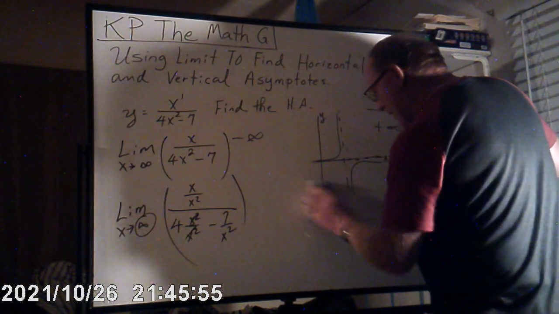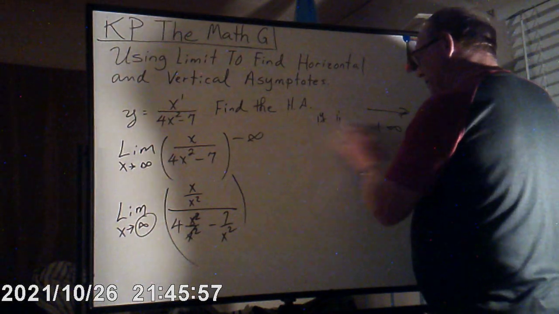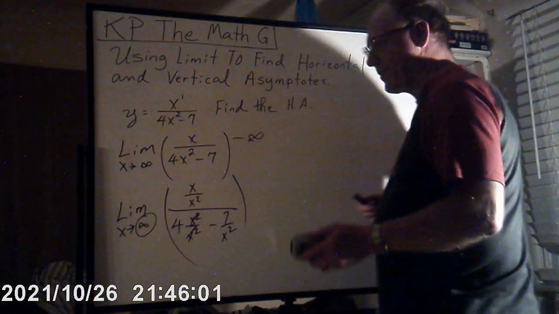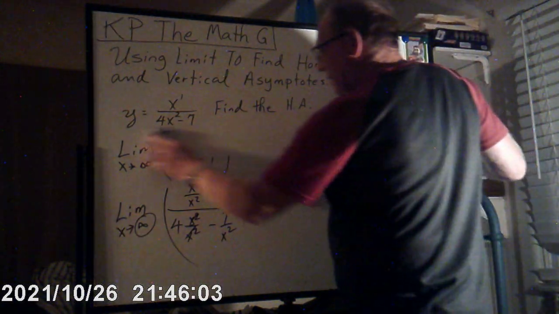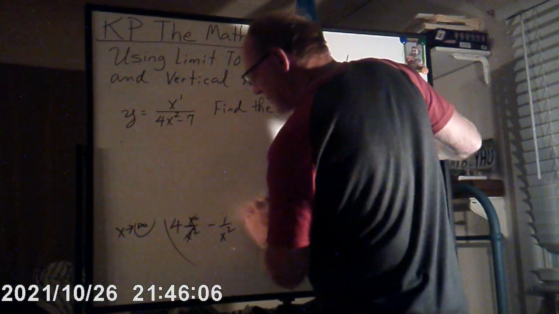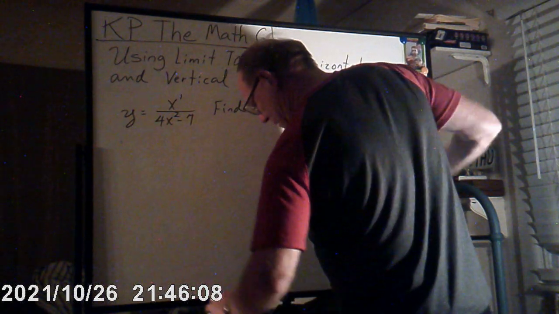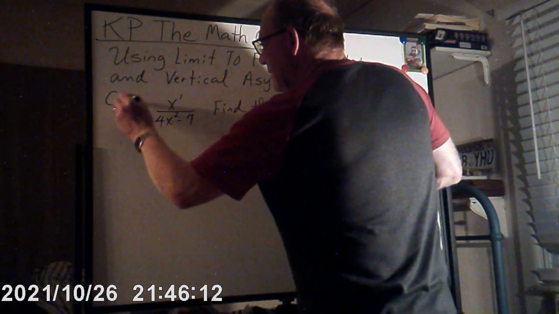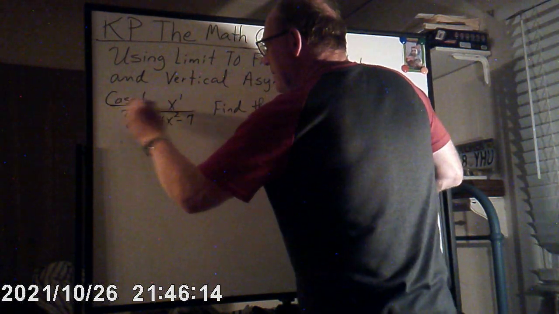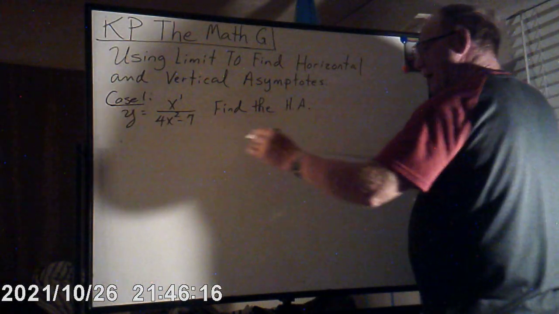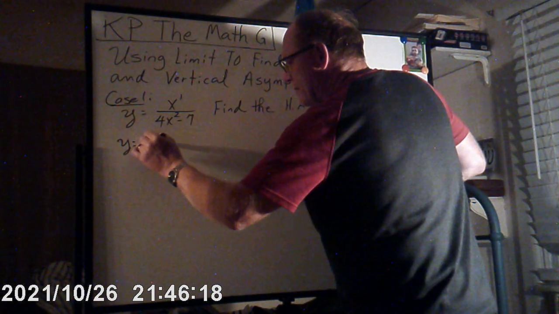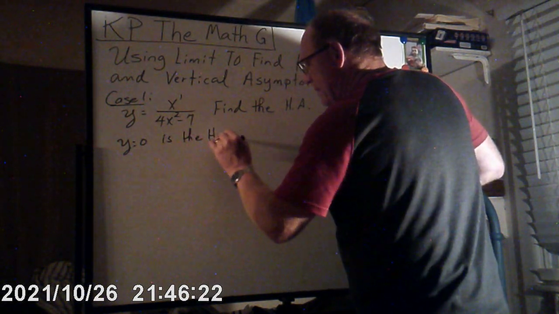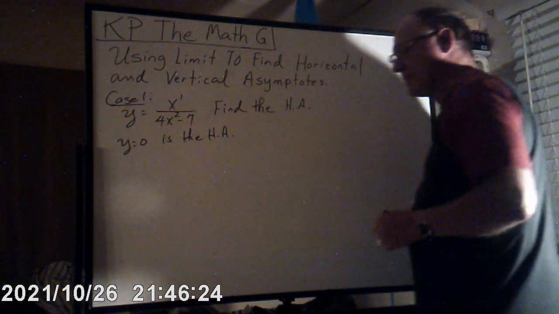And probably I could do more to this problem, but for right now, we're just trying to find the asymptote. So in this case, we'll call this case 1. In case 1, we see that y equals 0 is the horizontal asymptote.